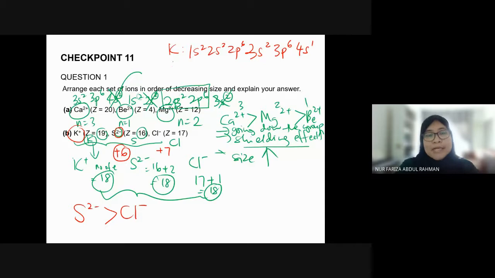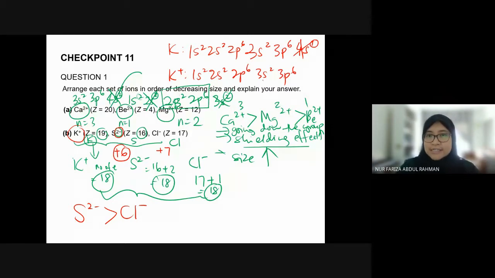Okay, when it becomes ion, dia akan buang this one, right? So one of the valence electron will be removed. Okay, 1s2, 2s2, 2p6, 3s2, 3p6. Okay, so there you go for K plus electronic configuration. Okay, how do we calculate the Z effective for K?